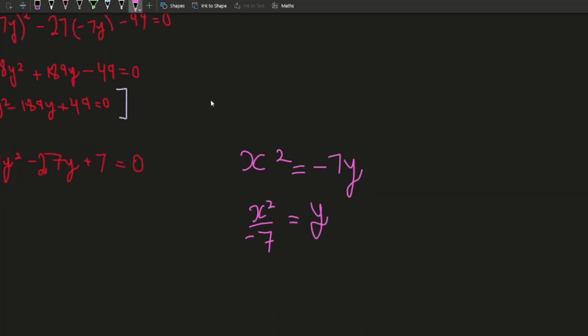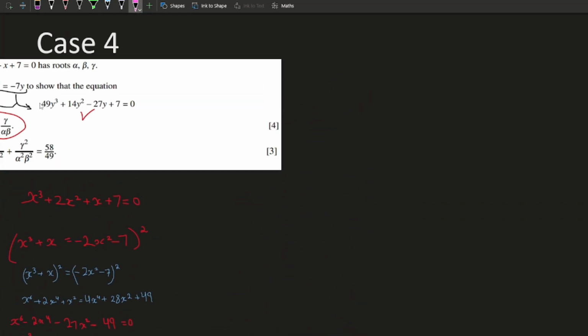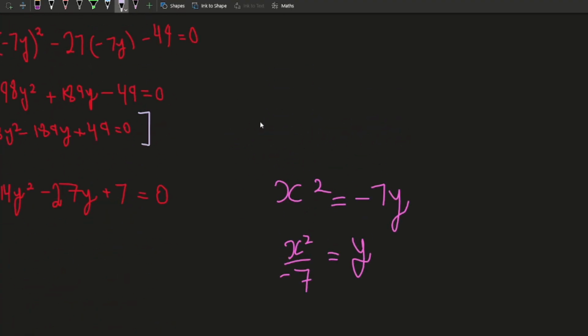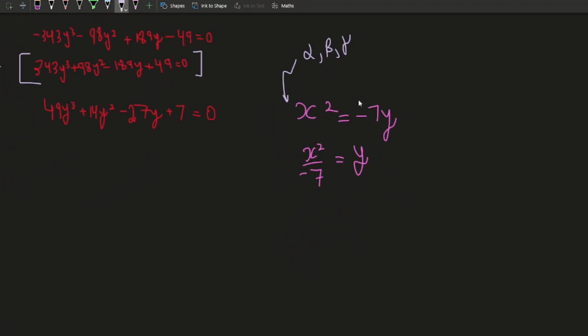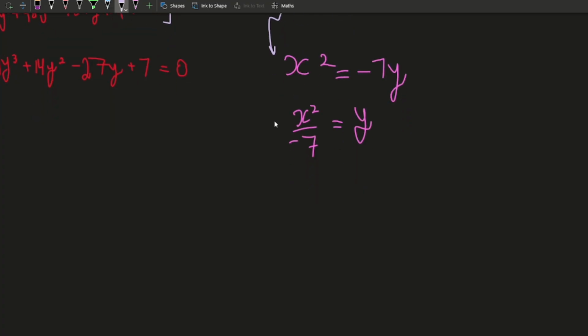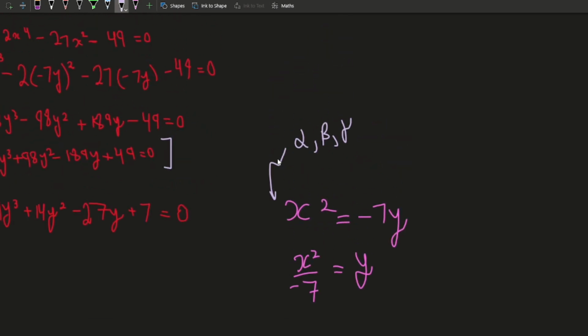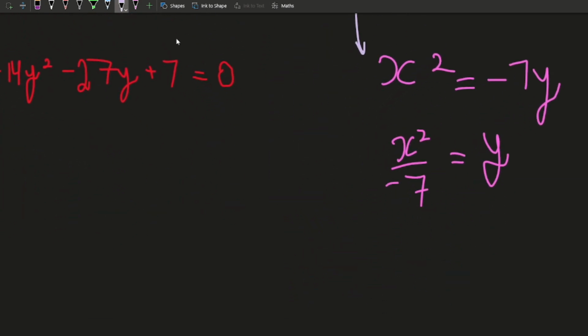Now, there's one thing to analyze here. First, this is a cubic equation, right? So this x actually here represents alpha, beta, and gamma. We can substitute these one by one in place of x. And another thing to notice is that this is equals to alpha, beta, gamma, product of roots.